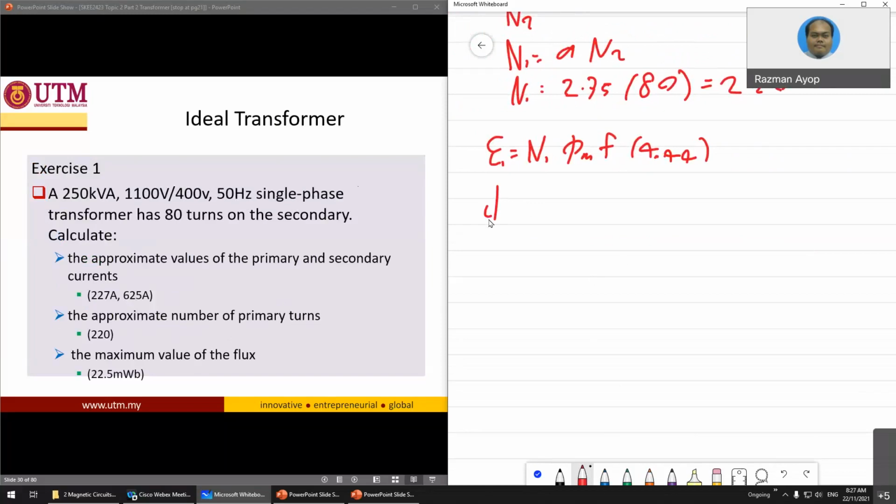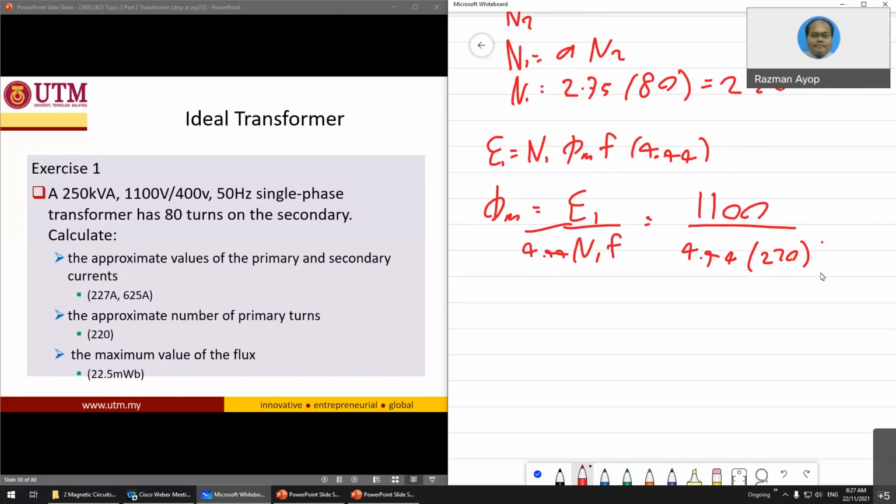So the maximum flux equals E1 divided by 4.44 N1 f. So E1 is 1100 divided by 4.44, N1 is the number of turns, 220, and frequency is 50 hertz.